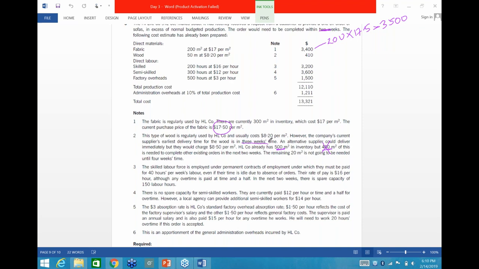So I can take the 20 and still manage. That 20 will go at 8.2. So 8.2 into 20 plus I need another 30, 8.5 into 30. 164 plus 255, which gives me a value of 419.